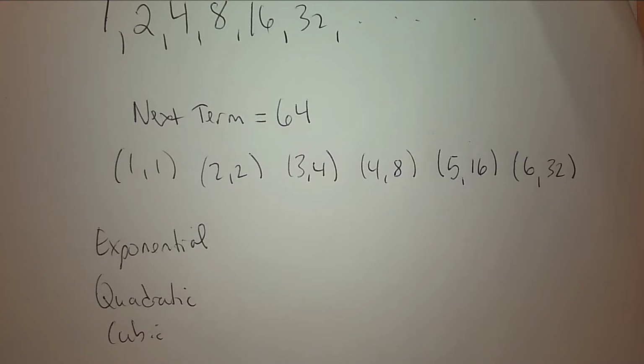On your phone or on a Chromebook, go to Desmos, and I want you to plot those and look at the curve and see what the curve reminds you of. It is definitely a function we've done in the last couple weeks.